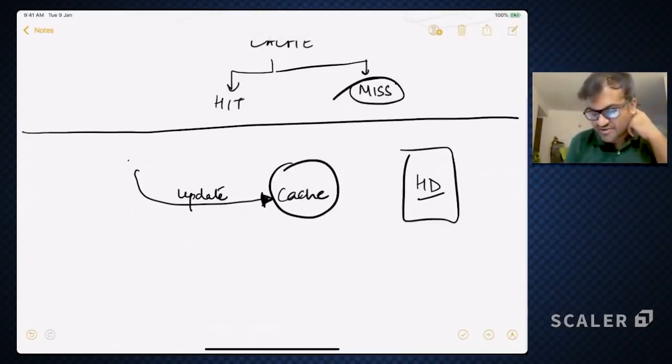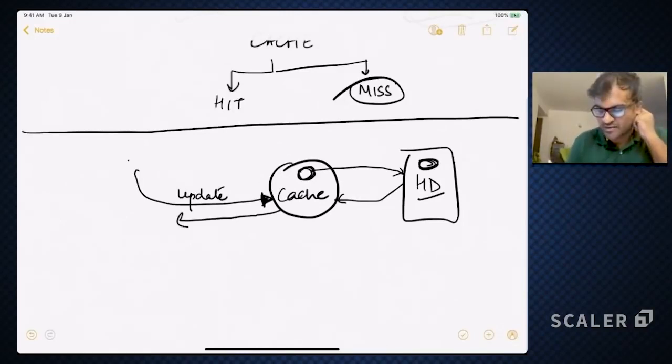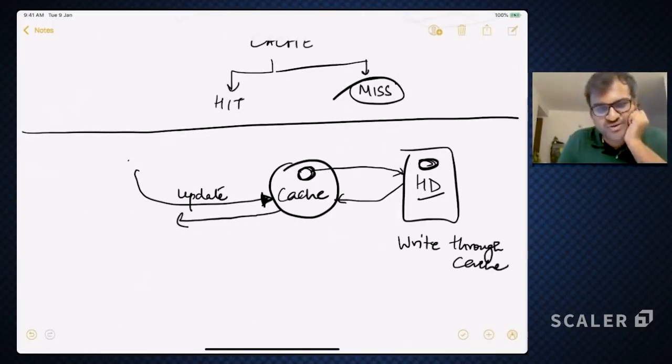If it is cached, then I first update the entry in the cache, and then I update the entry in the hard disk. And only then, when both of them have been updated, only then I return success. This is called write-through cache, which means whenever new milk comes to the department store, it goes through me. It goes through my house. I do a verification and only then I let the milk pass. That is write-through cache.